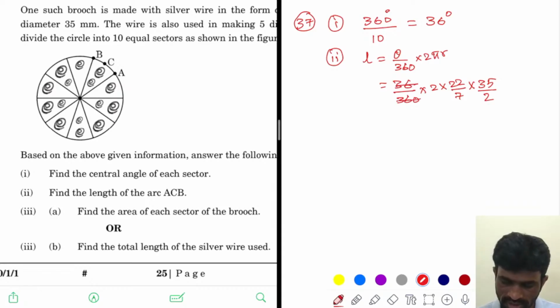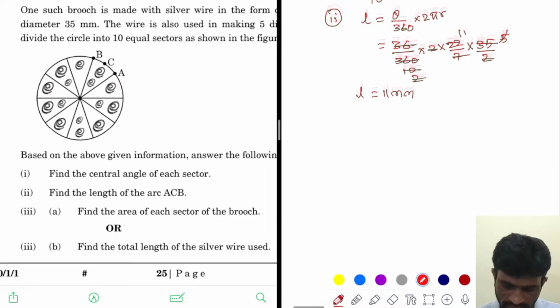The 2 and 2 we can cancel. 7 ones are 7, 7 fives are 35. Again 5 ones are 5, 5 twos are 10, 2 ones are 2, 2 elevens are 22. So length of the arc is going to be 11 millimeters. So be careful with units while you are doing simplification.